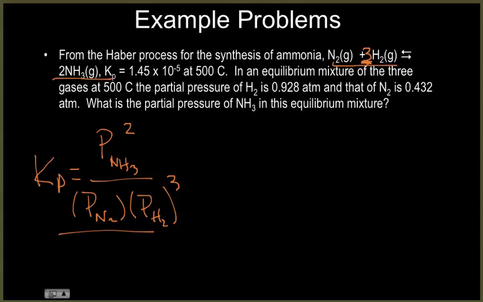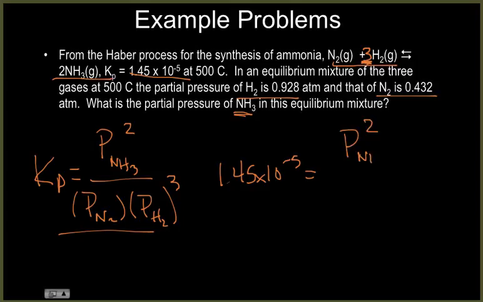So what they have given me is the Kp, so I'm going to sub that in, 1.45 times 10 to the negative fifth. And then for the equilibrium mixture, they tell me that H2 is 0.928, N2 is 0.432. I'm looking for NH3. So this top one I don't know, but they give me the two bottom ones. So 0.432 and 0.928 cubed.